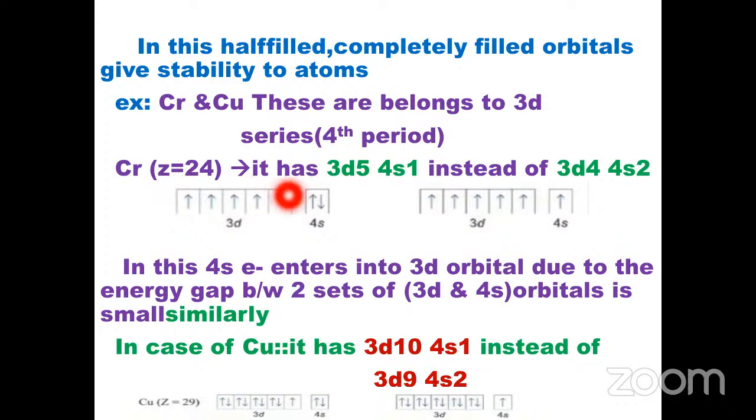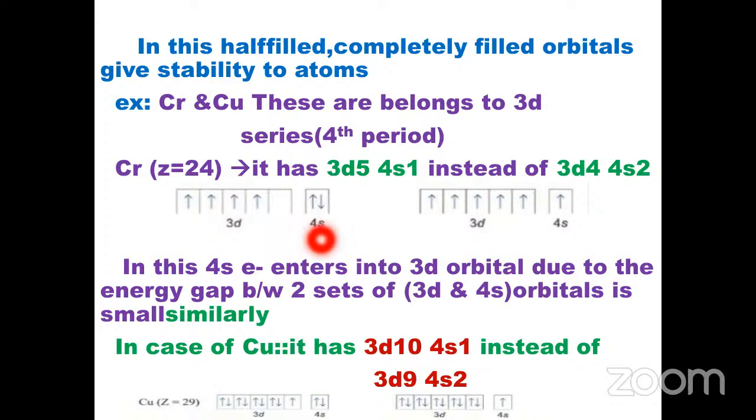Its outermost electron configuration is 3d5 4s1 instead of 3d4 4s2. For the stability, the 4s electron enters into 3d orbital.